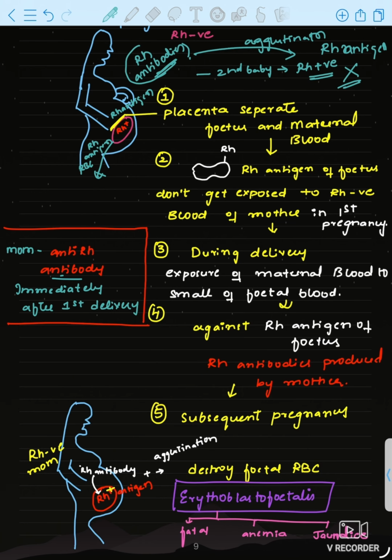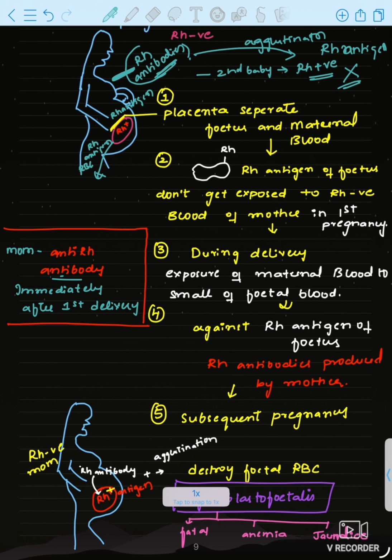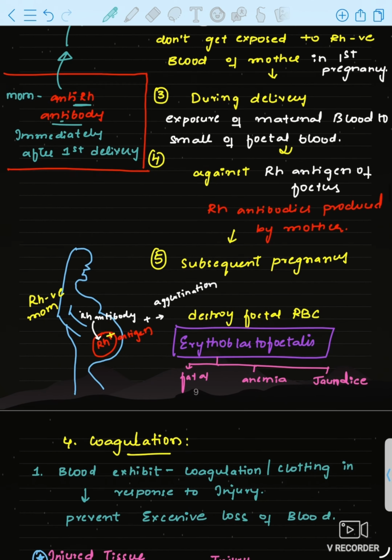Before the mother makes Rh antibodies, what happens if we give anti-Rh antibodies? It will destroy these antigens which were left in the mother's blood by the delivery of the first pregnancy, before the mother's immune response recognizes them and produces Rh antibodies. Okay, I think you got this.